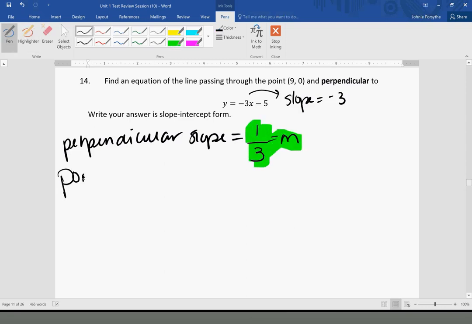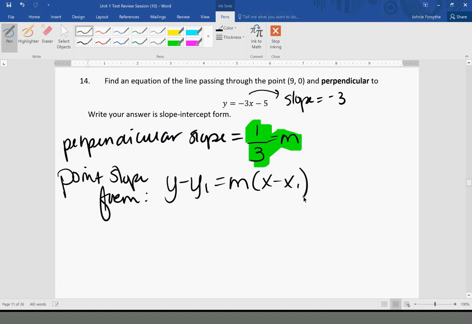So we're going to start with point slope form: y minus y1 equals m times x minus x1. So we have a point that we can work with. The x1 will be 9, the y1 will be 0, and the m that we're going to use is 1 over 3. So y minus 0 equals 1/3 times x minus 9.